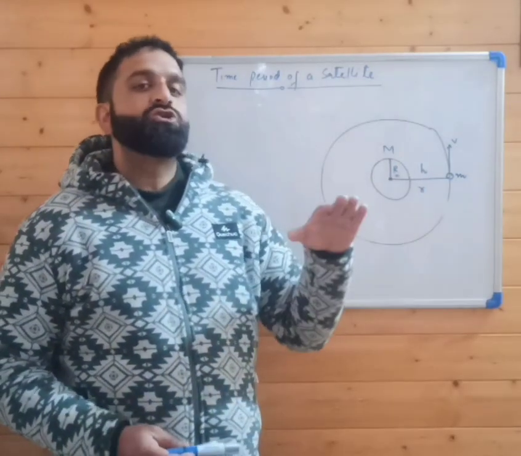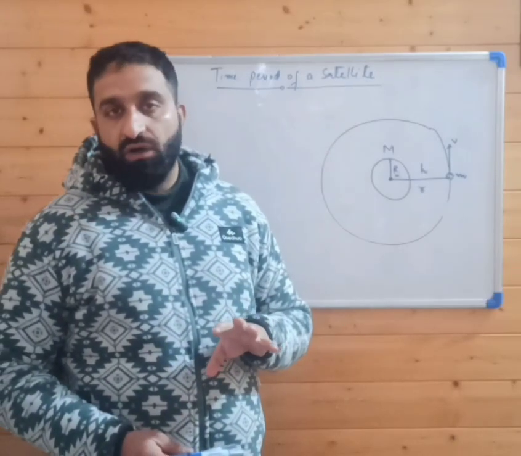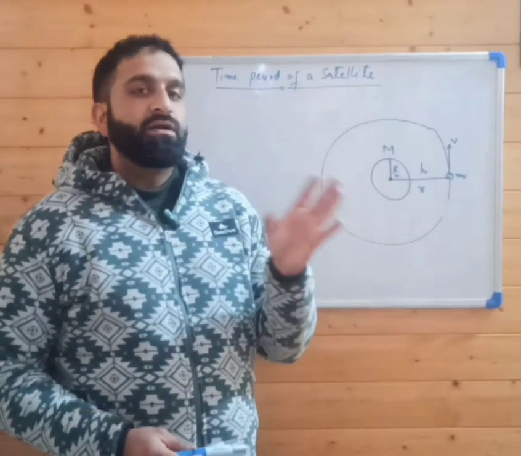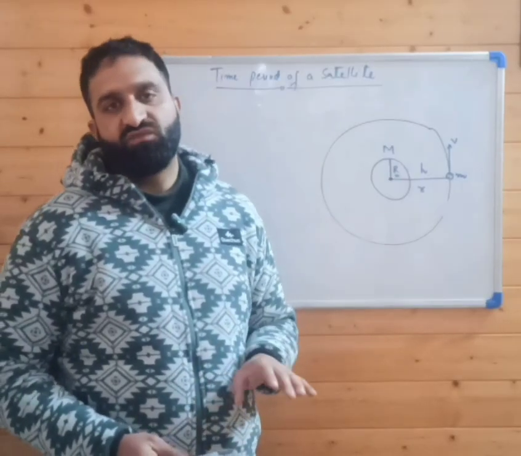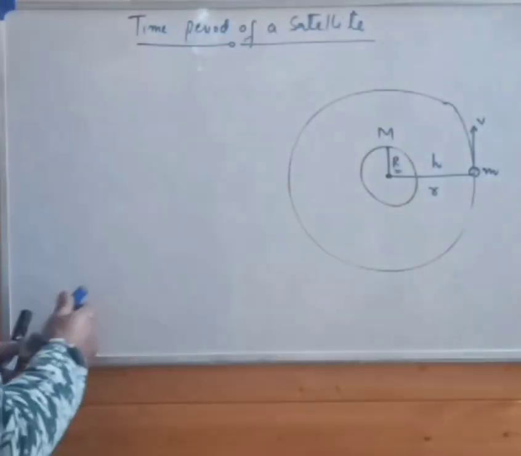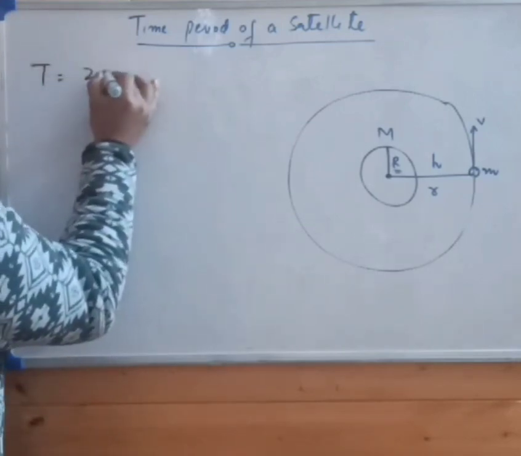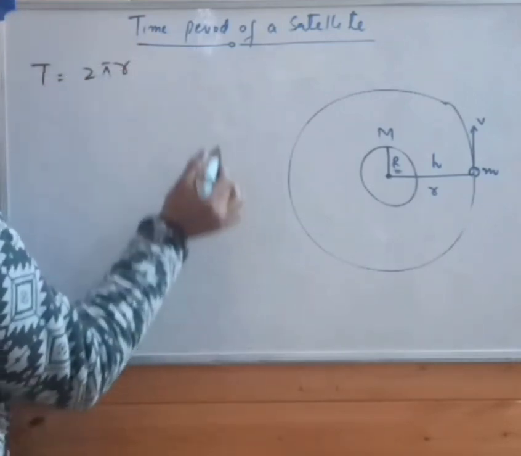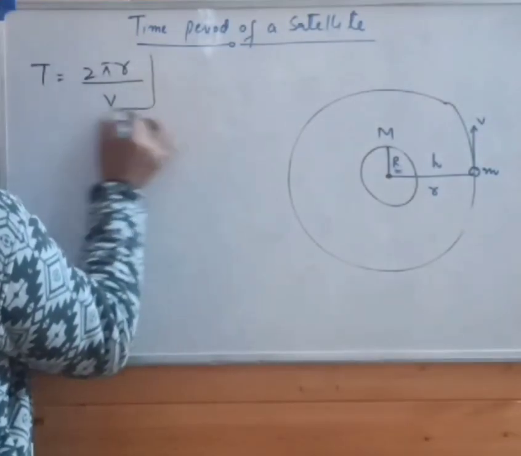So the ratio of the circumference of the circle in which it is orbiting to the orbital velocity of the satellite gives us the time period. So easy. So time period T will be equal to 2 pi r, that is the circumference of the circle in which it is orbiting, divided by orbital velocity v.